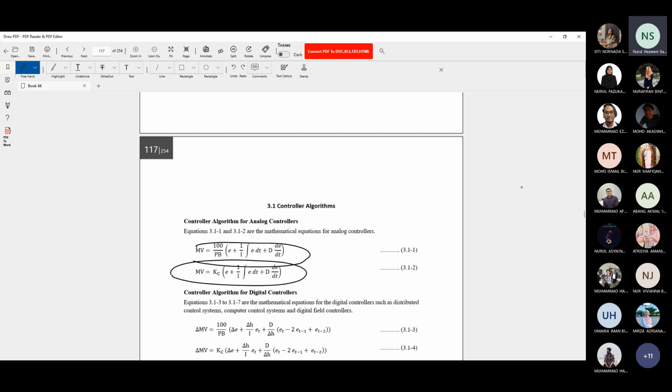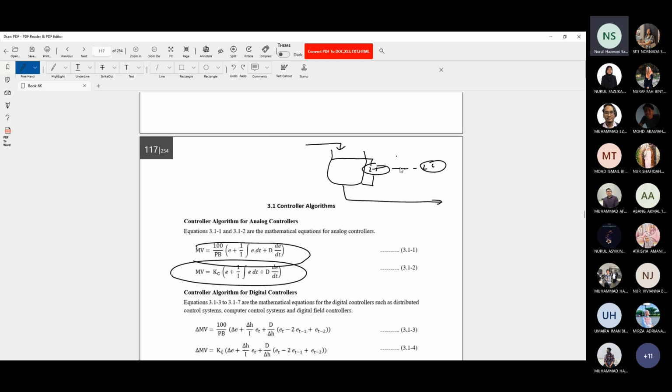Okay, I will explain one example. Let's say you have a tank filled with water. There is a feed of water into the tank, and then you need to measure the level of the tank and control the level of the tank. Basically LT is to measure the level of the tank, and this LT is connected with the LC. The signal of the LC is an electrical signal.